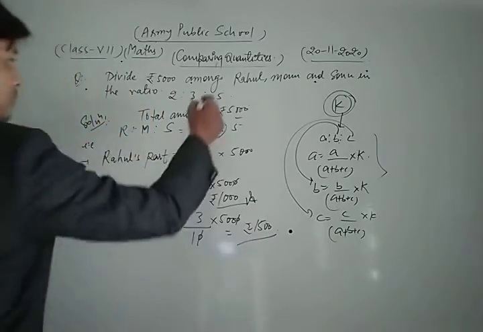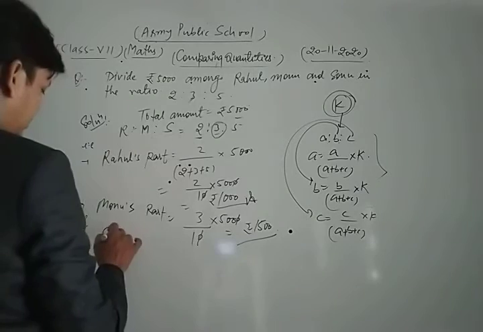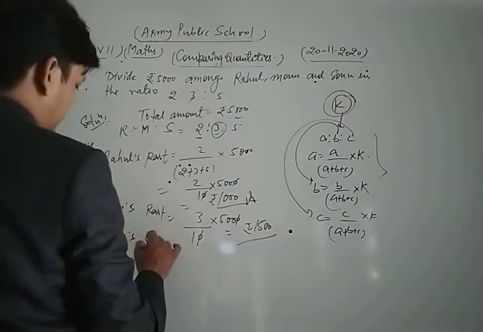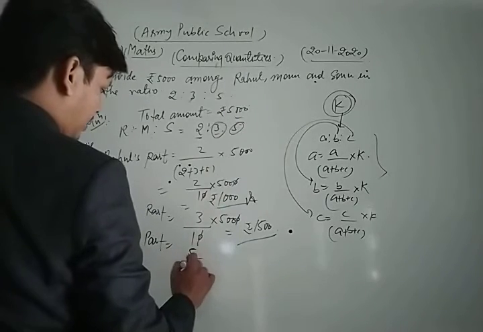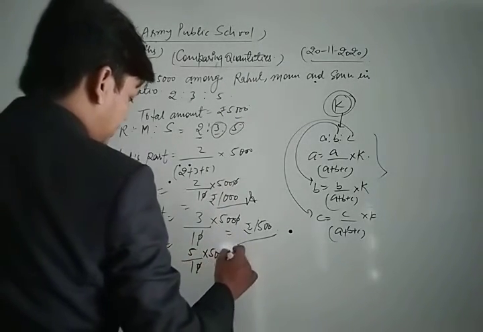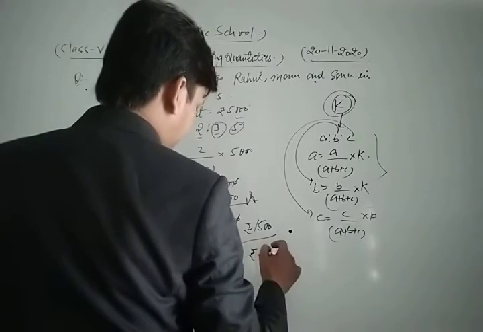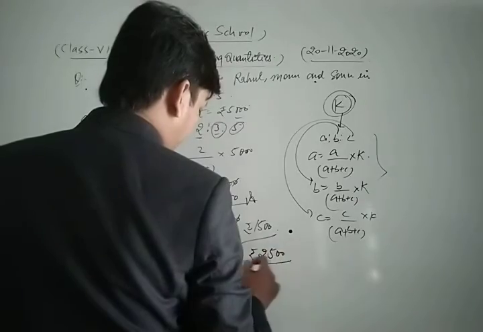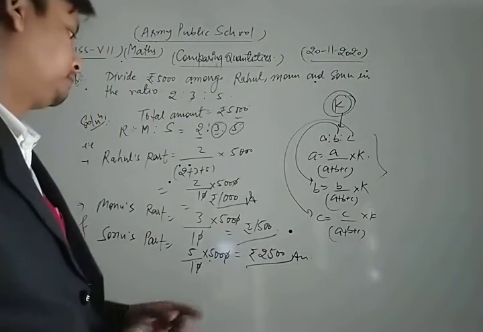Now the last one is Sonu's part. Sonu's ratio is 5 upon 10 into 5,000. 0 cancels 0, 5 5s are rupees 2,500.